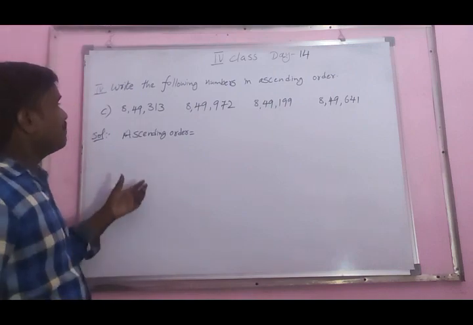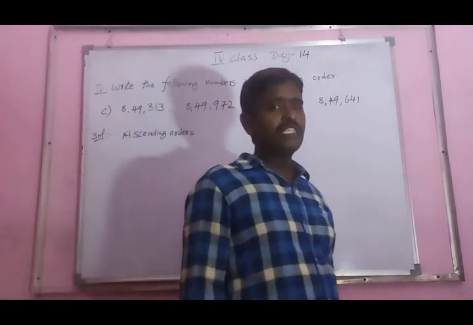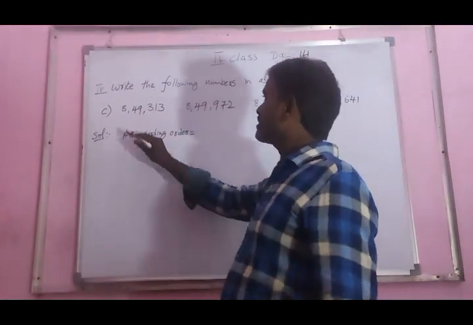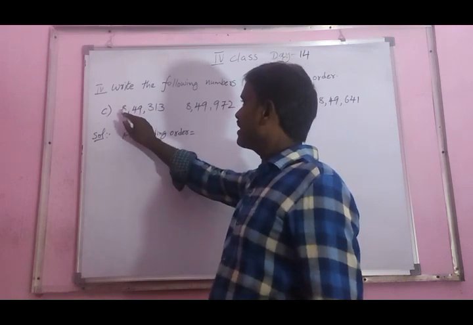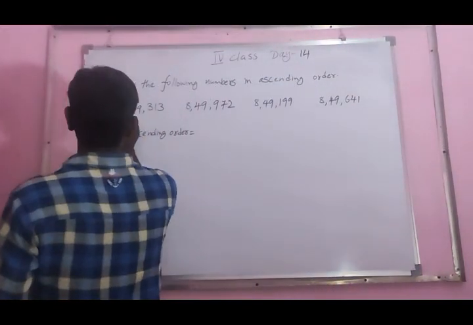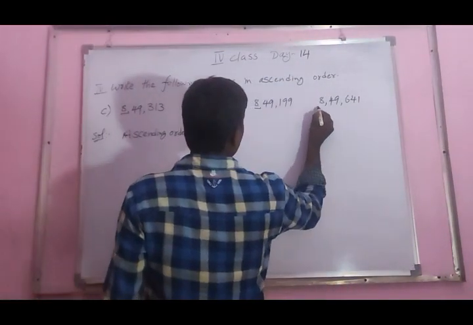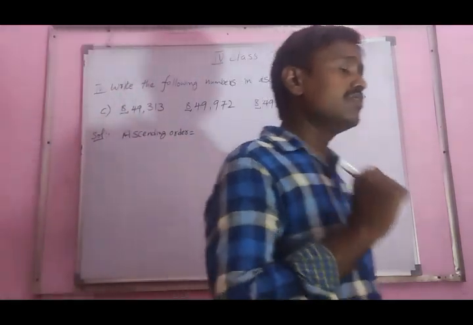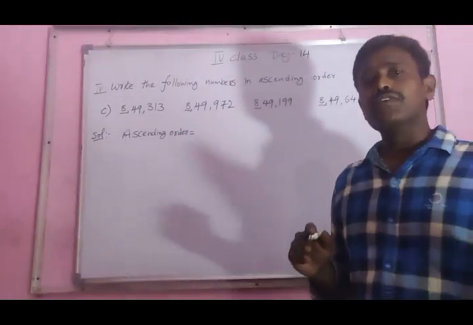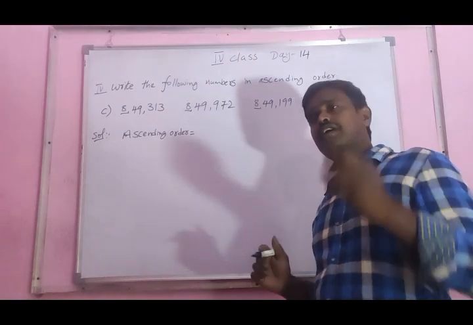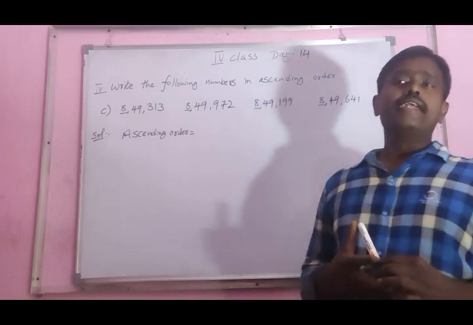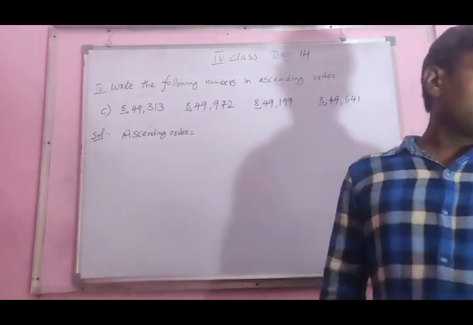So compare the highest place values in these four numbers. In these four numbers, the lakhs place is 8, 8, 8, 8. All are same. So what to do? To compare the numbers, we move to the next place, that means the 10,000 place.